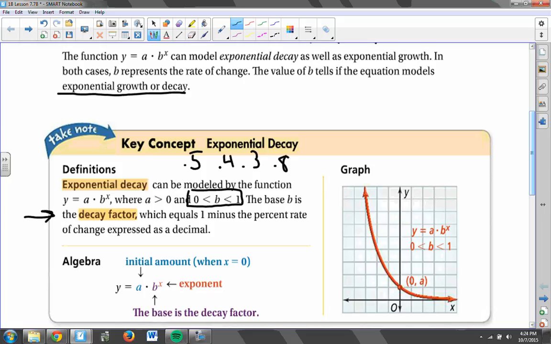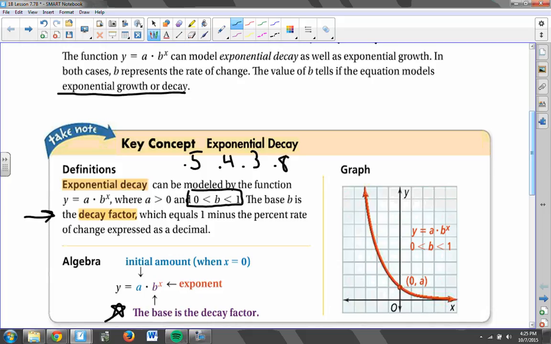That's called the decay factor because it's telling us how much we are decaying every time we go forward 1 in our x value. The A is still the initial amount. That does not change. And now our base, or our B, is called the decay factor, which we can see right down there.